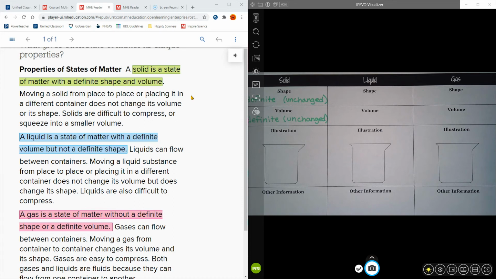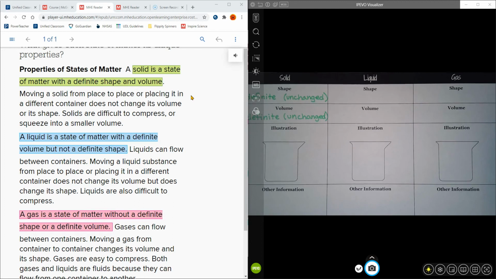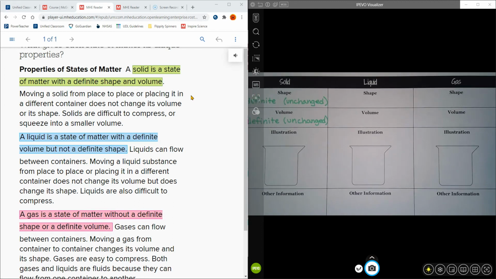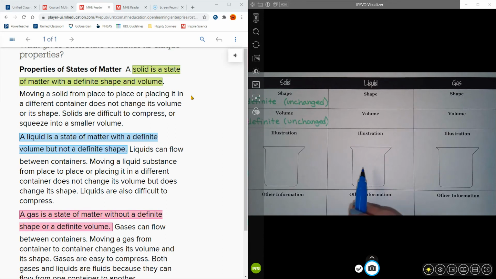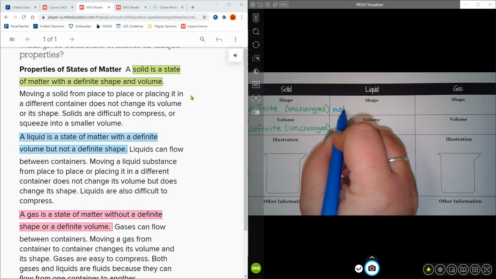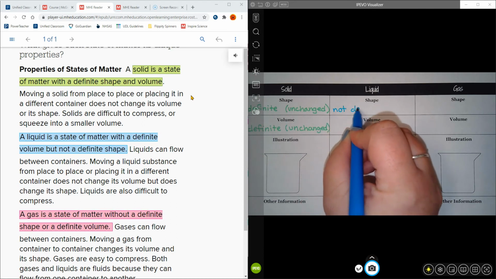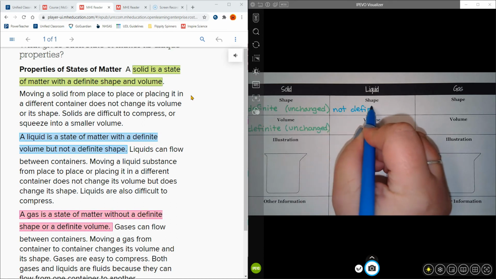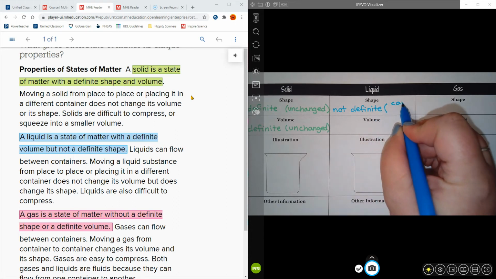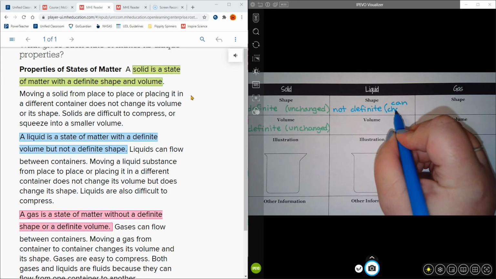I highlighted a sentence in that paragraph as well. The highlighted sentence says, a liquid is a state of matter with a definite volume, but not a definite shape. So this says not a definite shape. So for shape of liquids, I'm going to write not definite. And I'm also going to include in parentheses that it can change.